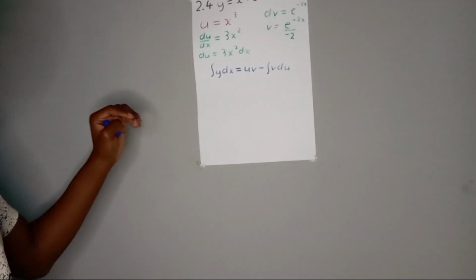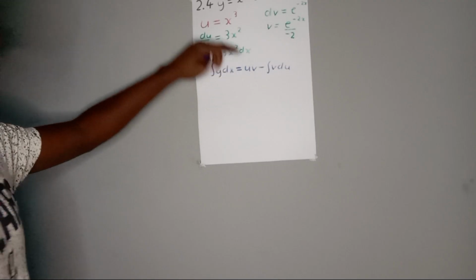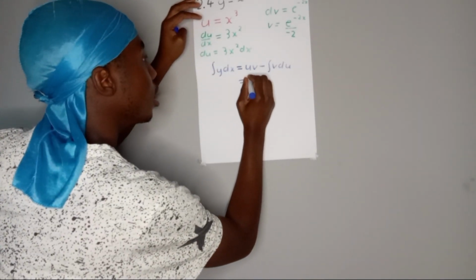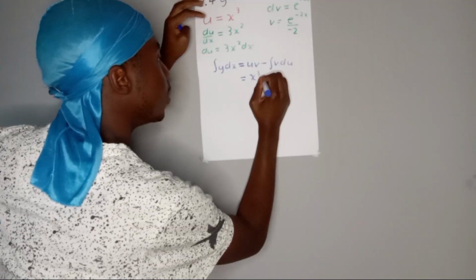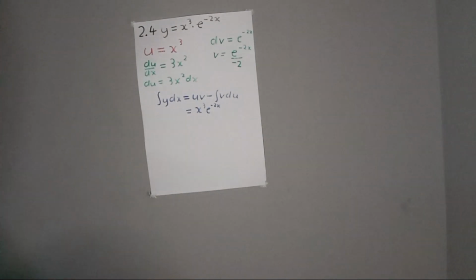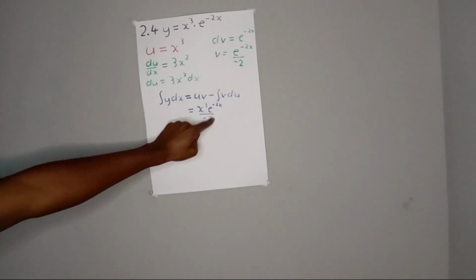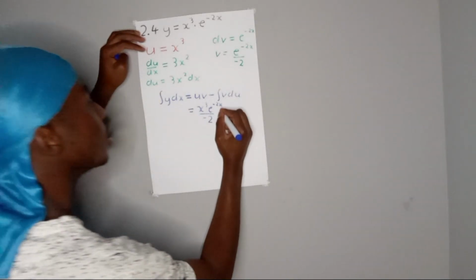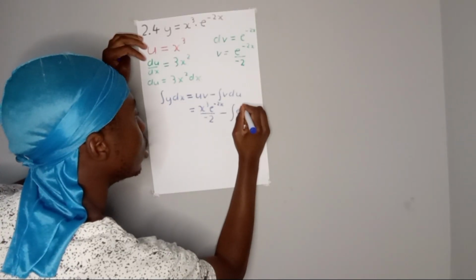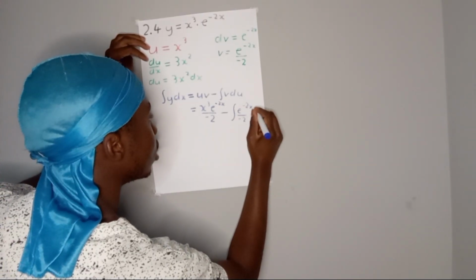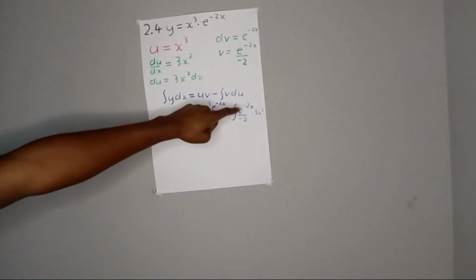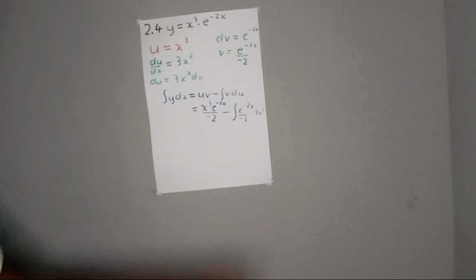So now what we're going to do is just substitute everything inside there, leaving us with x cubed times e to the power of negative 2x over negative 2, minus the integral of e to the power of negative 2x over negative 2 times 3x squared.